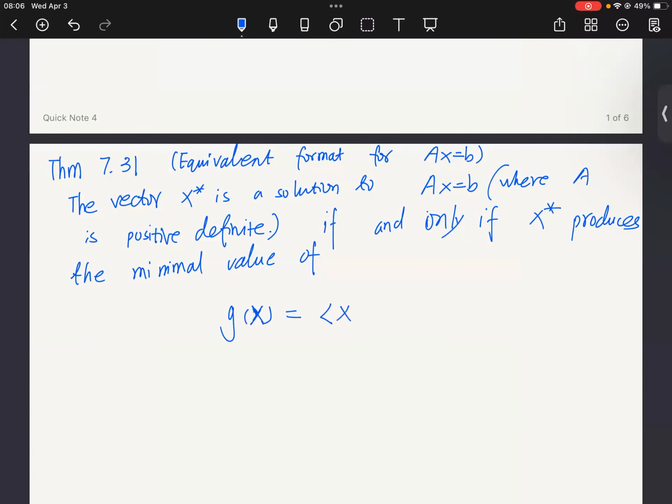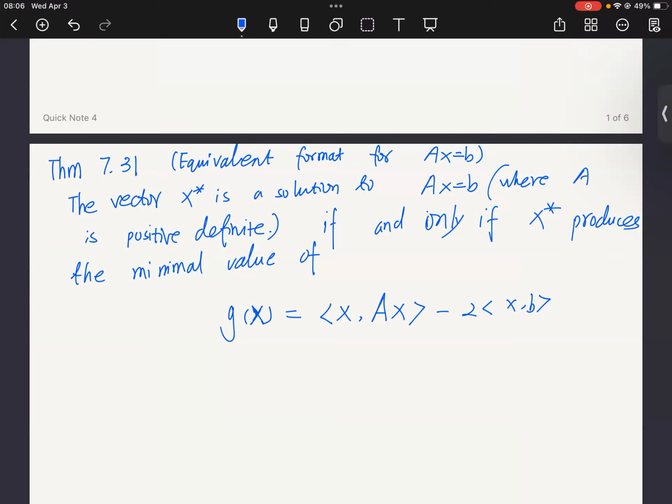We have a vector x here, and we also have the matrix-vector multiplication, so Ax is still a vector, and we take the inner product between them and subtract two times the inner product between x and b. So this theorem is saying that x star is the solution of this linear system if and only if x star produces the minimal value of this function. This is the theorem we want to look into.